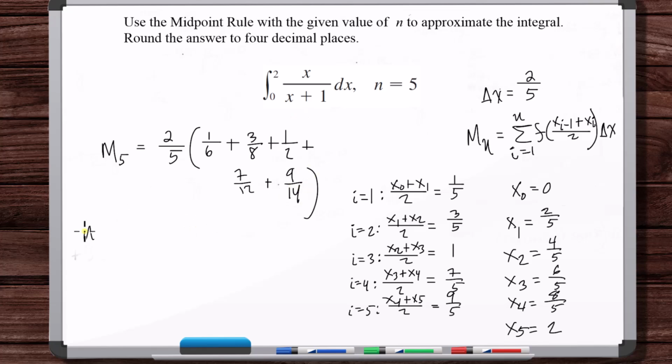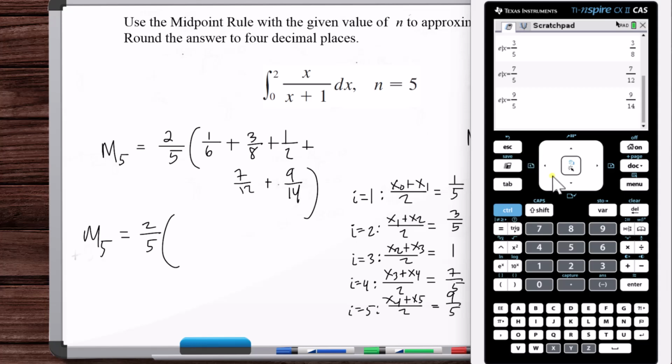Okay, so M5 is equal to 2/5, and then we've got 1/6 plus 3/8 plus 1/2 plus 7/12 plus 9/14.